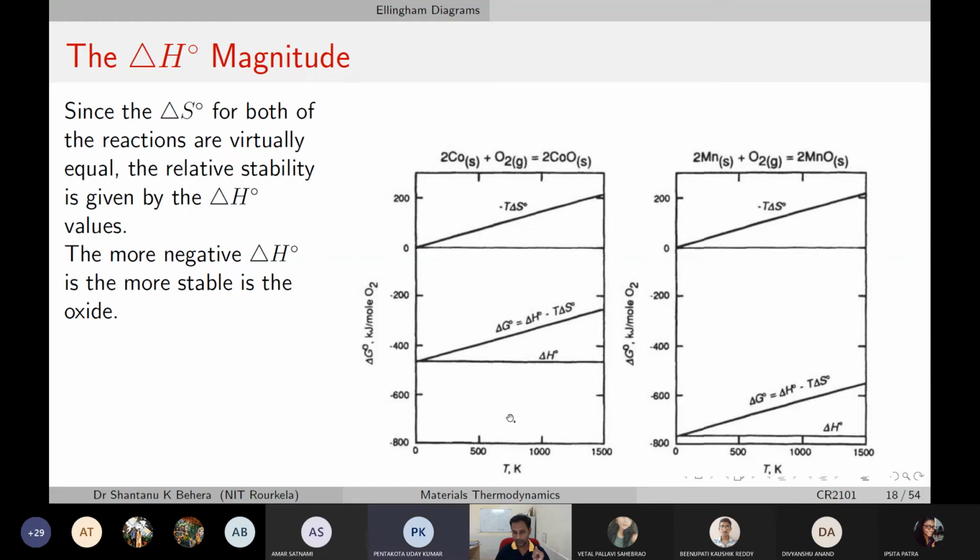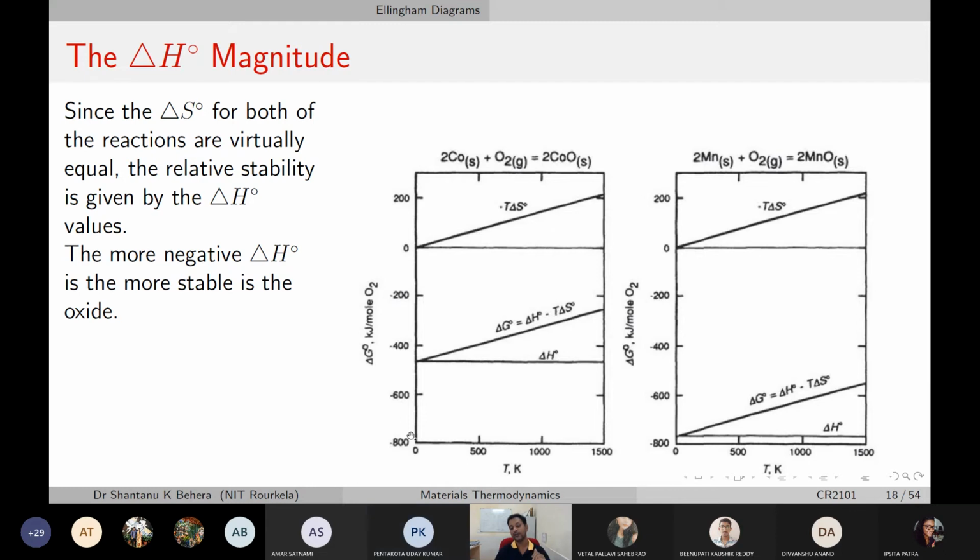So we plot this one here. Here is the del H value for cobalt oxidation. Here is going to be the del H value for manganese oxidation. Okay. So manganese likes oxygen too much. Right. So it only requires a little bit of oxygen to become an oxide as compared to cobalt. That means manganese oxide is much more stable than cobalt oxide.